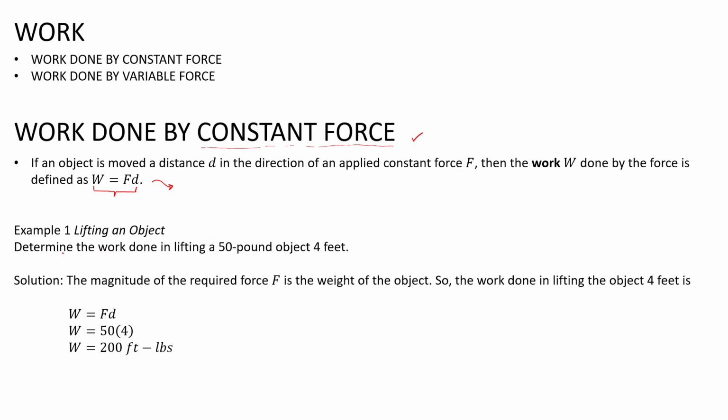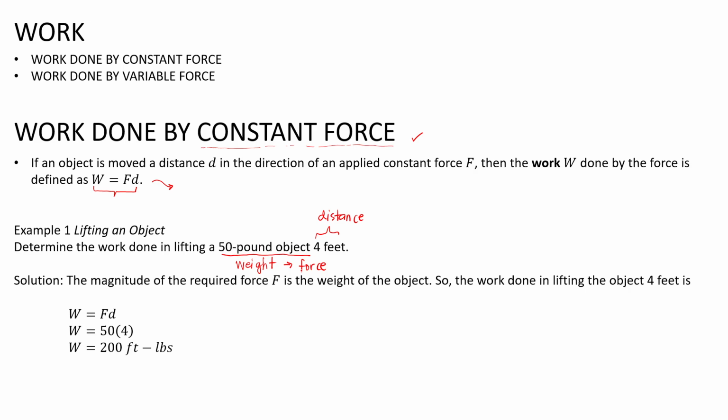Determine the work done in lifting a 50-pound object 4 feet. You have a 50-pound object, so this is the weight. Usually the weight is the force already. And then 4 feet is the distance. Notice that once you read the problem, everything is already fixed, so there's no need to determine any variable terms such as the force or the distance.